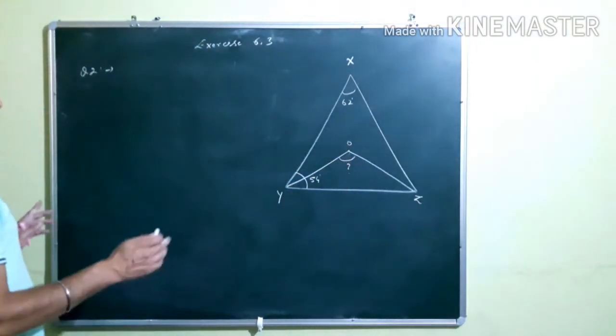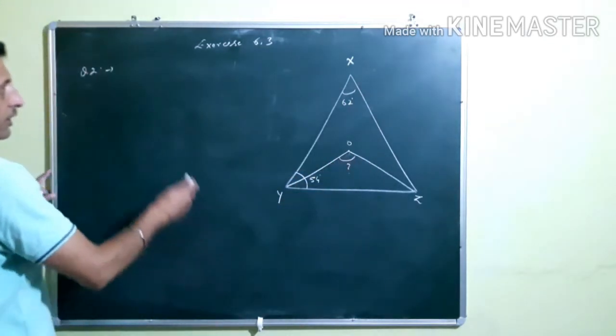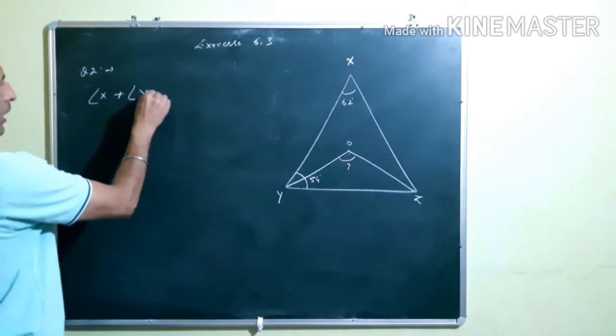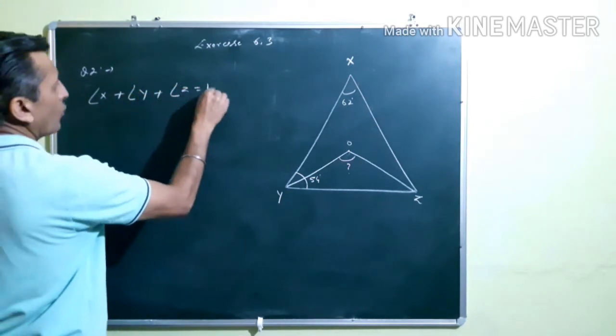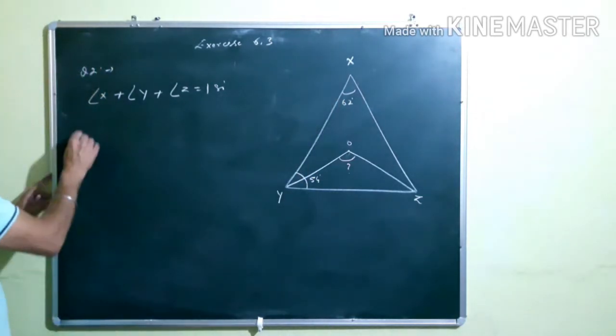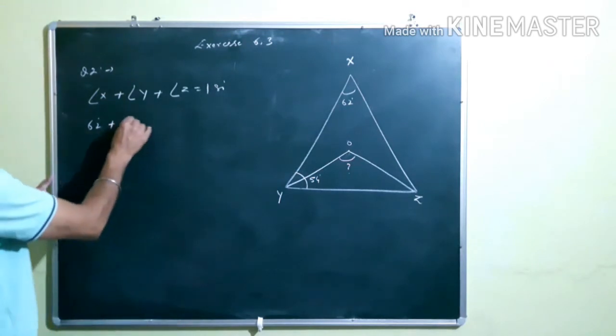As you know, by the angle sum property, sum of all 3 angles is equal to 180 degree. I want to say that angle X plus angle Y plus angle Z is equal to 180 degree. Out of which angle X is given, that is called your 62 degree, and angle Y, that is called your 54 degree, that is also given.